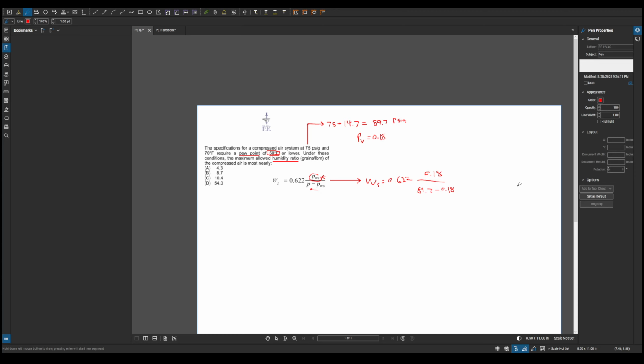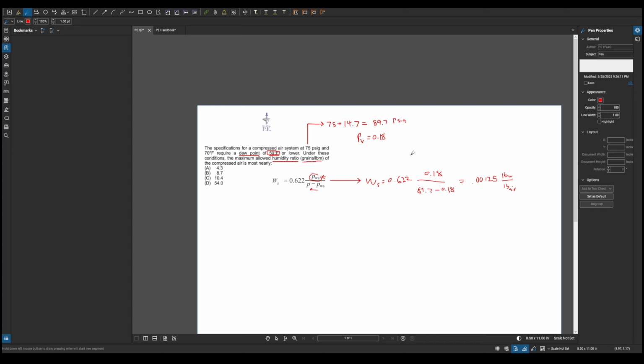So I'm going to go ahead and plug that into my calculator. 0.18 divided by 89.7 minus 0.18, times 0.622. This gives me an answer of 0.00125. But this is in pound mass of water per pound of dry air. And we need this in grains per pound.